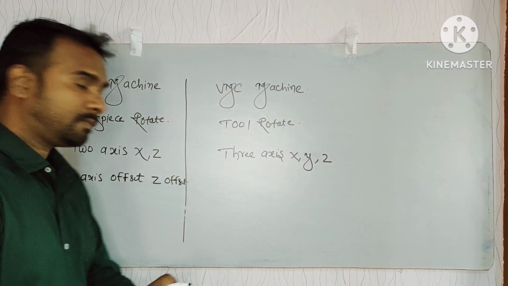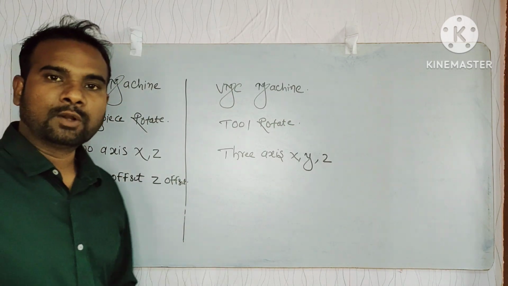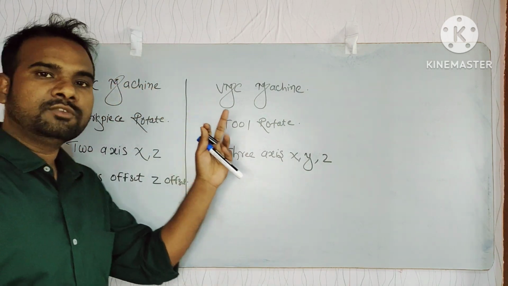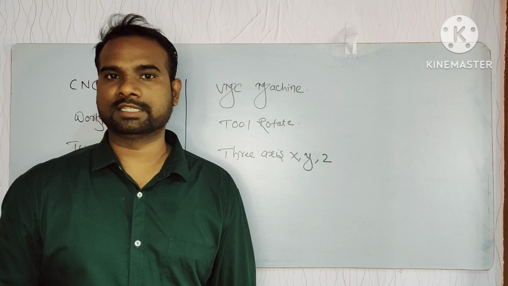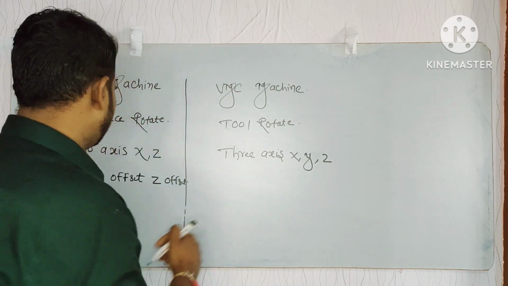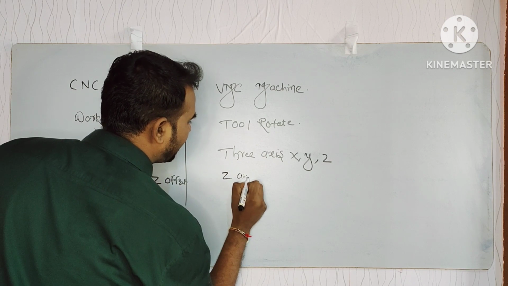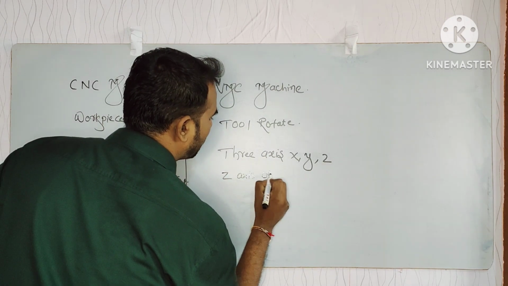Okay guys, in CNC machine we have to take two geometrical offsets of the tool, but in VMC machine we have to take only one geometrical offset, that is Z axis offset.